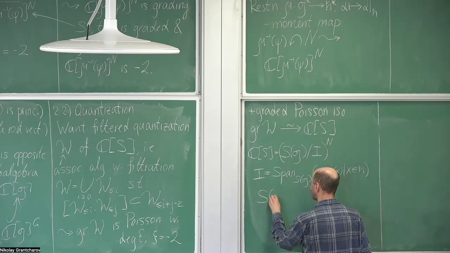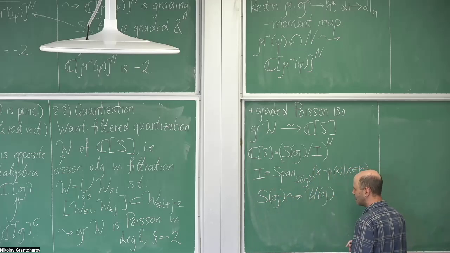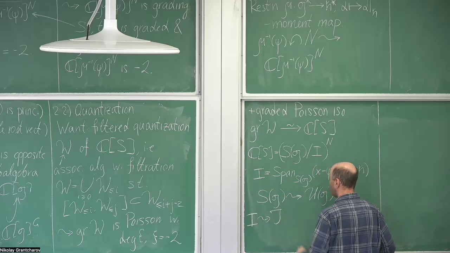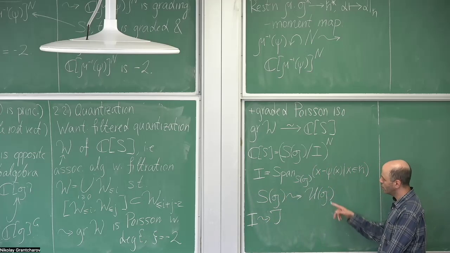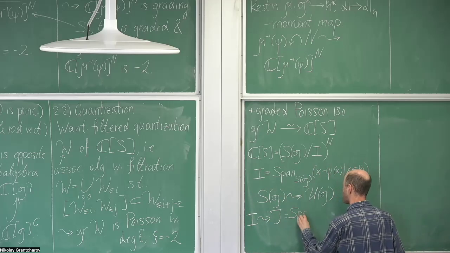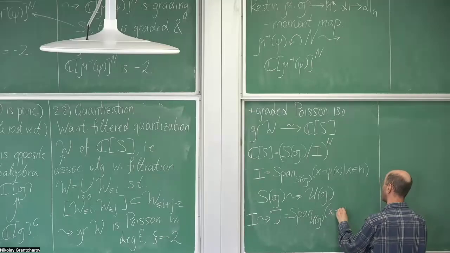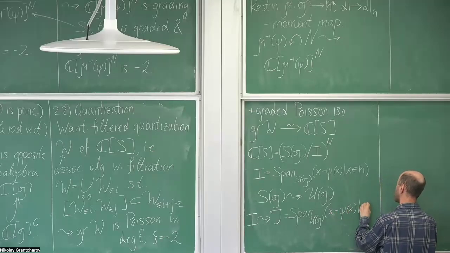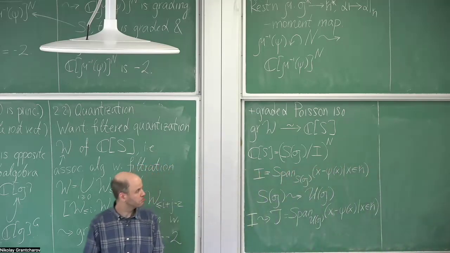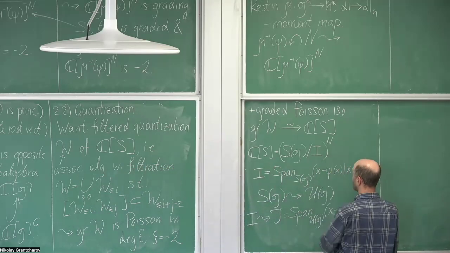S of G replaced with U of G. The ideal I will be replaced with the ideal that I call J, and that's the direct analog of I, but inside of the universal enveloping algebra. It's the span of U of G, that's the left ideal, x minus psi of x, where x is in n. And then I can still consider the action of the group on the quotient.